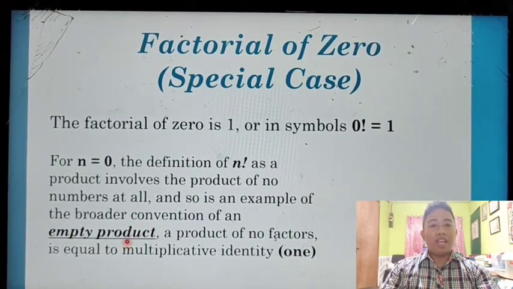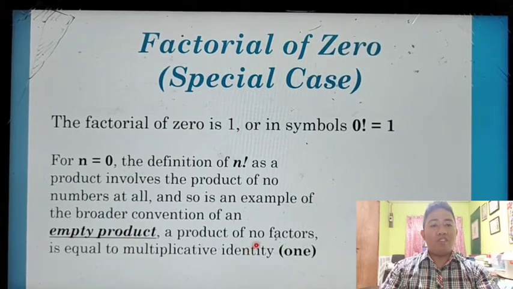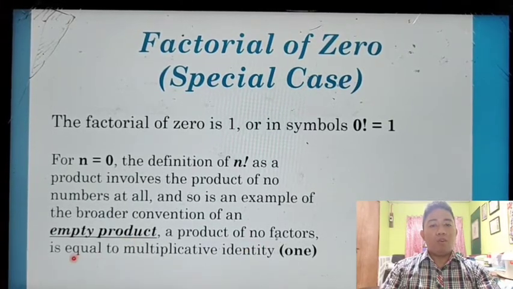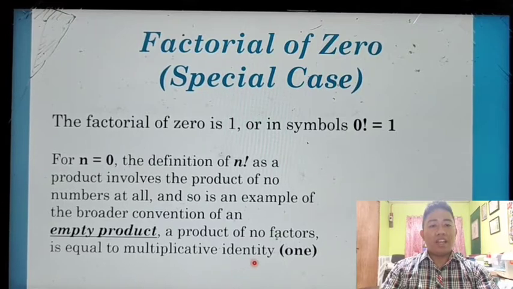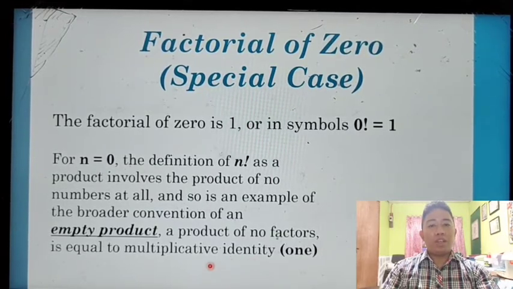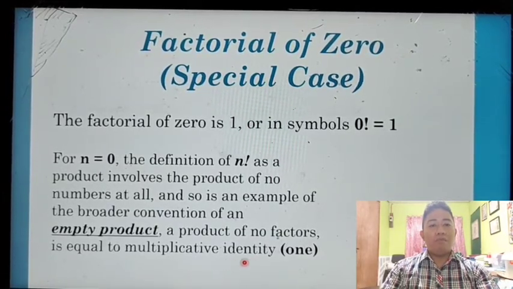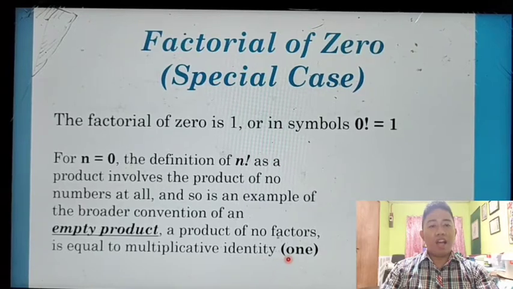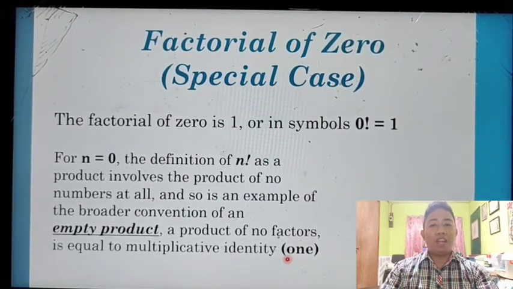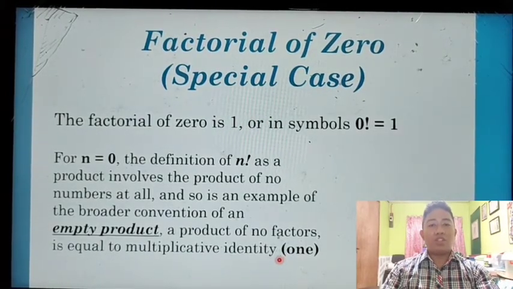So it is an example of the broader convention, which is the empty product. If the product is empty, meaning the product of no factors, it is equal to the multiplicative identity. So we use the multiplicative identity of multiplication, which is 1. For example, 3 times 1 equals 3, 2 times 1 equals 2, 5 times 1 is also equal to 5.